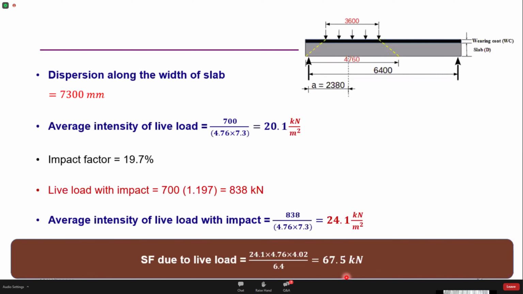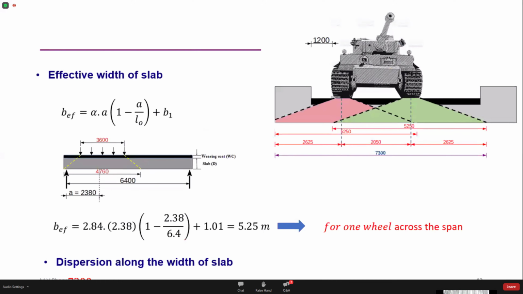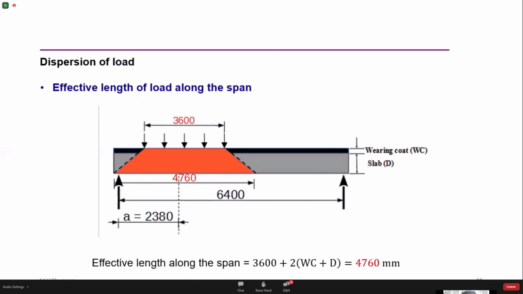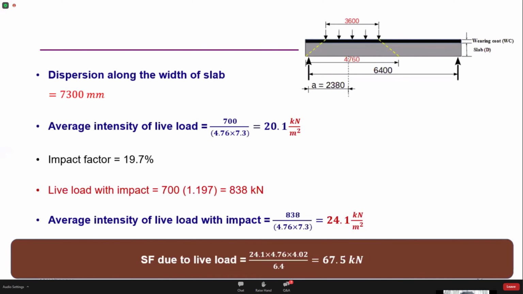In this example, I had taken a tracked vehicle, where the calculations seem to be very simple, because there is only one load that is going to act, and the calculations are fairly simple. I can extend the same example for a wheeled vehicle.